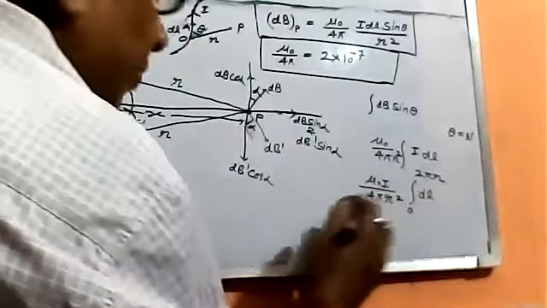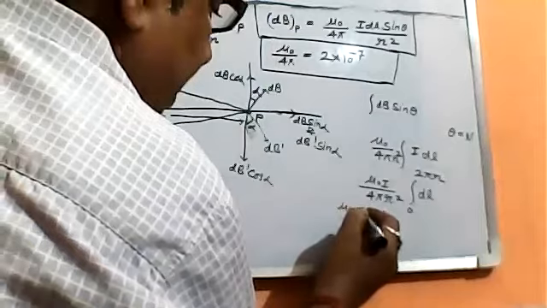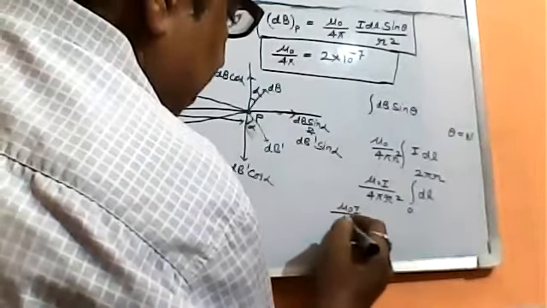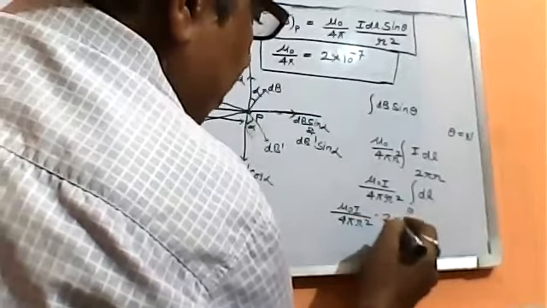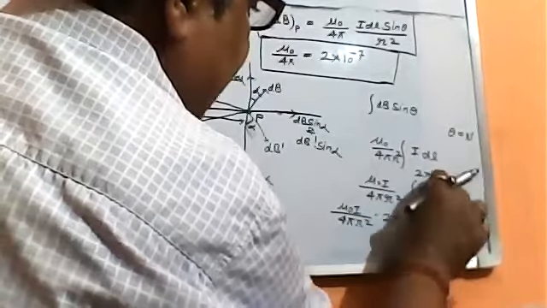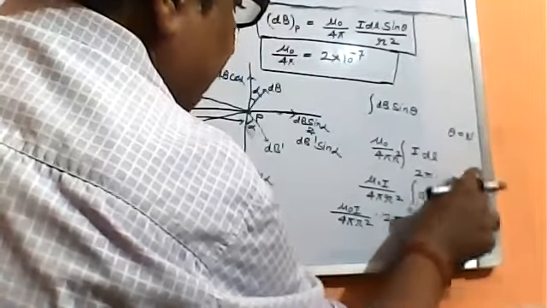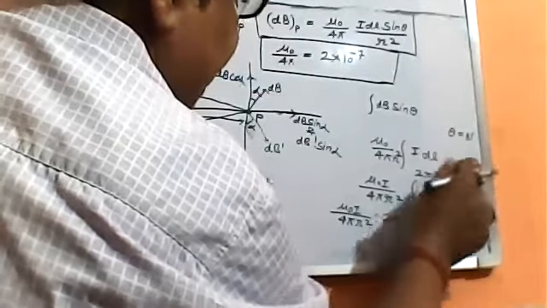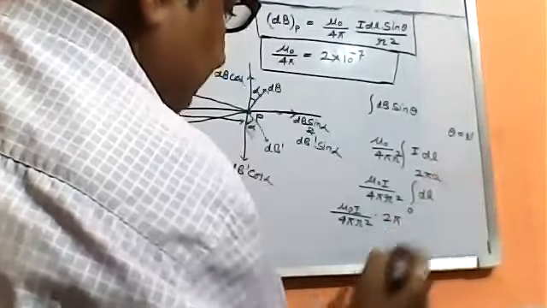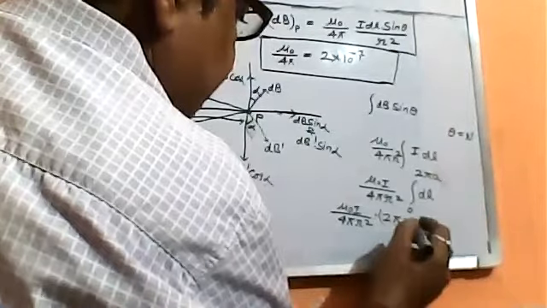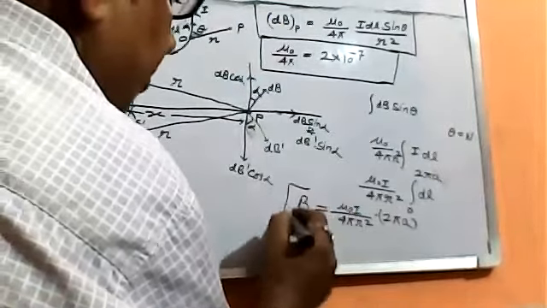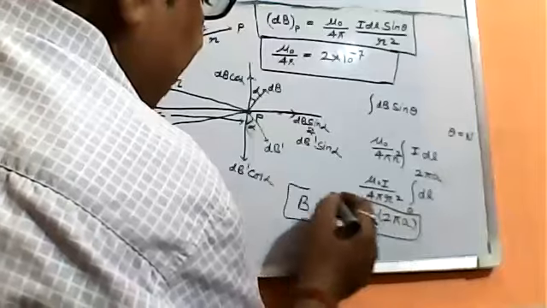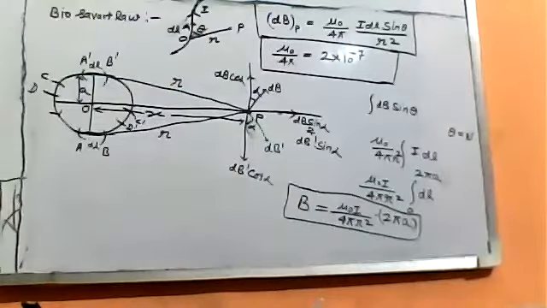And after integrating, you will get here mu naught I divided by 4 pi r square into 2 pi r, but you will not take r here, you will take 2 pi a, because the radius of the coil is a. So this is the main formula for magnetic field intensity, B equal to mu naught upon 4 pi I divided by r square, 2 pi a.